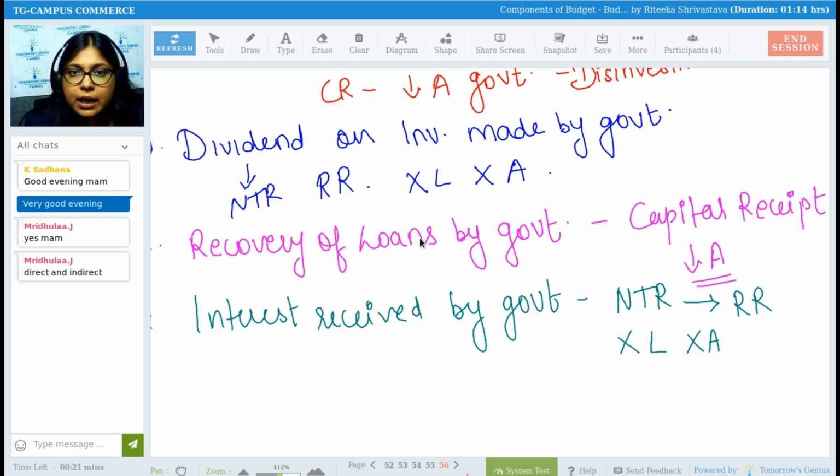Under revenue receipt, the two conditions are that it neither creates any liability nor any asset for the government. And for capital receipt, we know it will either increase the liability or decrease the assets of the government. So whichever way you feel is easier, you can remember it that way.